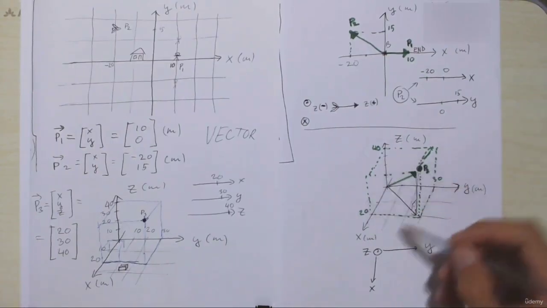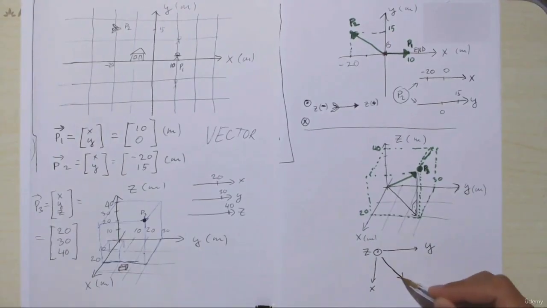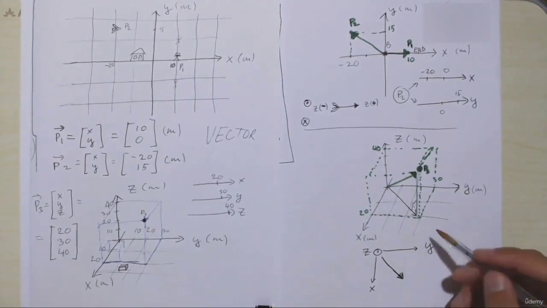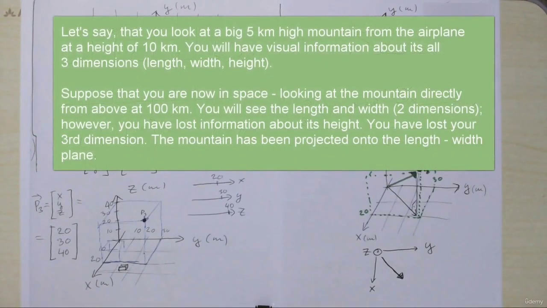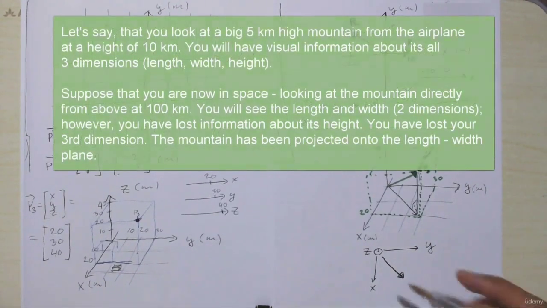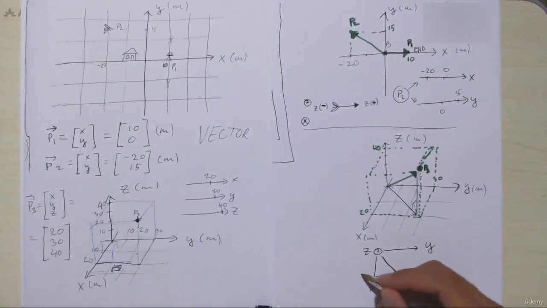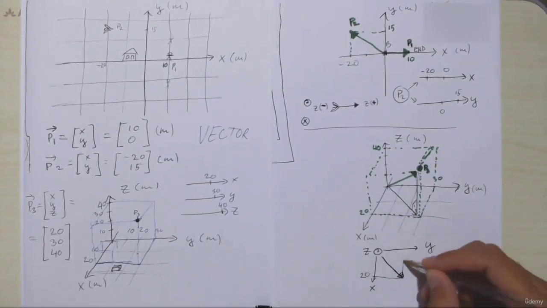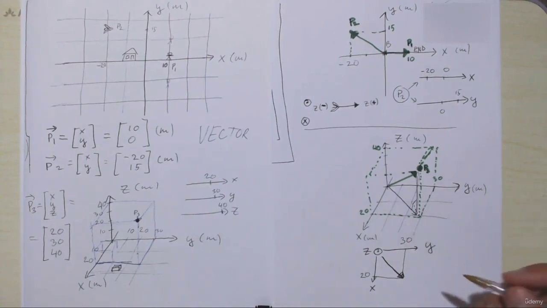If you turn this system like this so that you don't see the z-axis, then you will have something like this. So you have projected the xyz vector onto the xy plane. And then once you have projected it, you know that x was 20, and y was 30, right? And z you don't know anymore because you have lost the information about it.